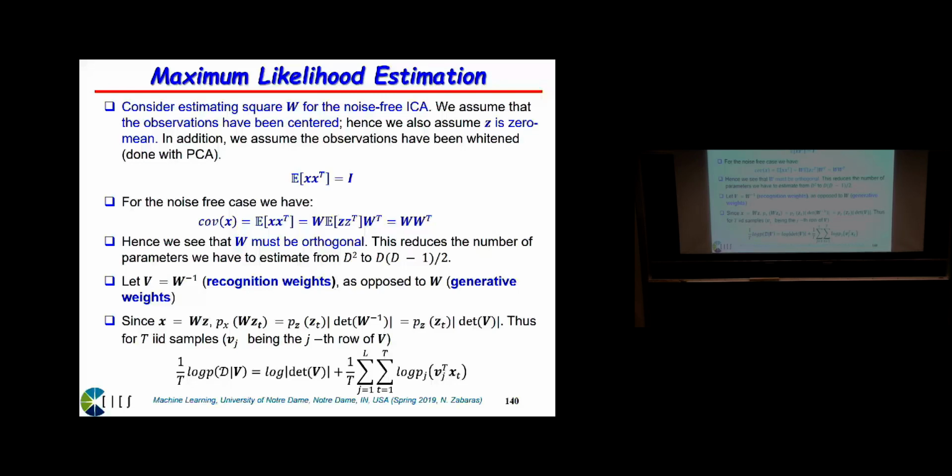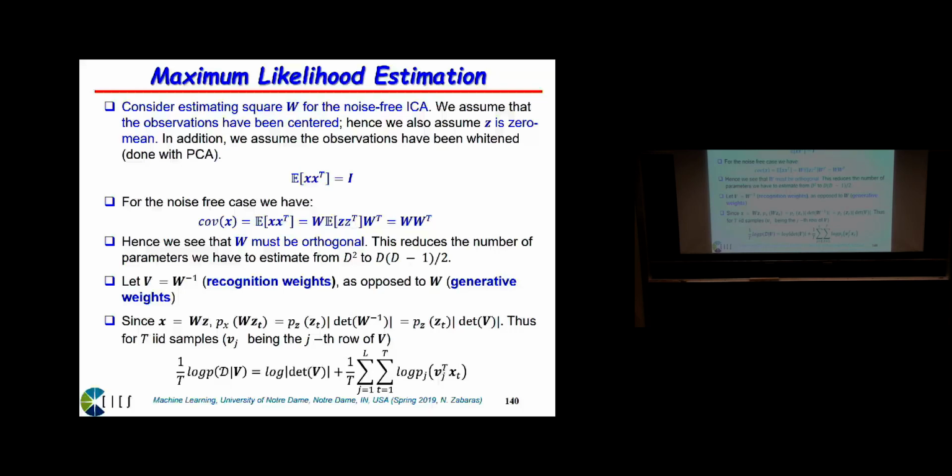Here I'm trying to write the log of this term, and Z is V transpose X, and I write it as the summation of these logs where Vj is the jth row of this matrix V. What assumption allows me to take V times X and write the distribution as the summation over these row vectors times xt?